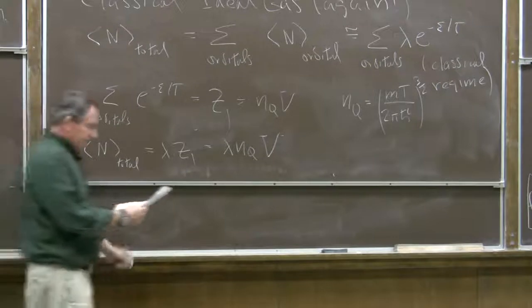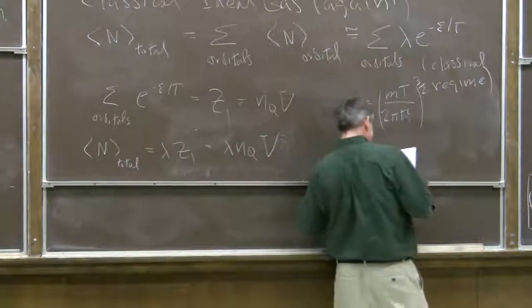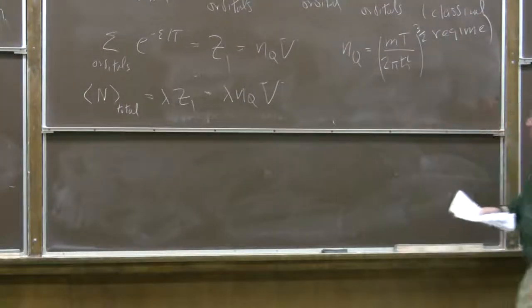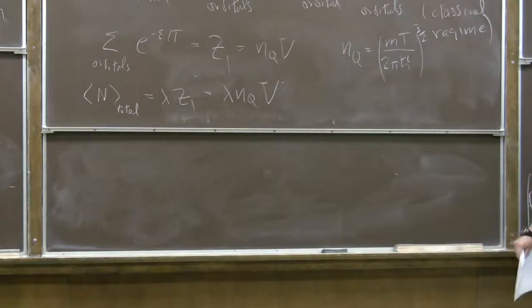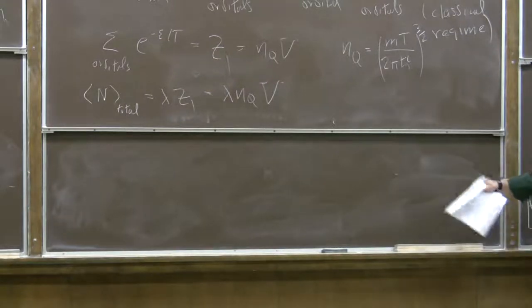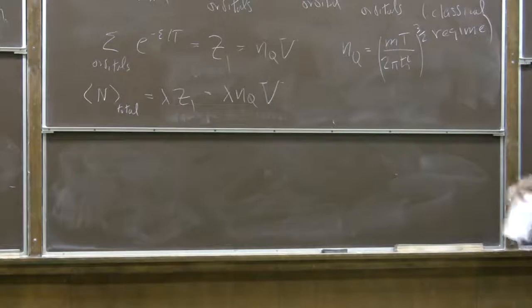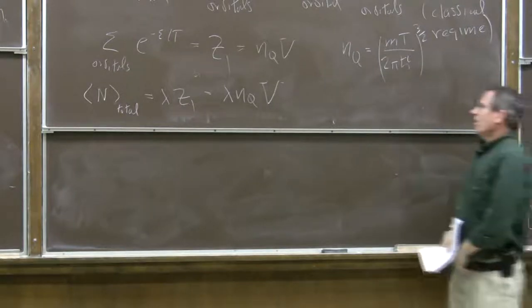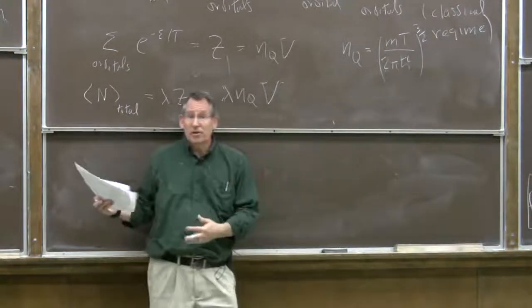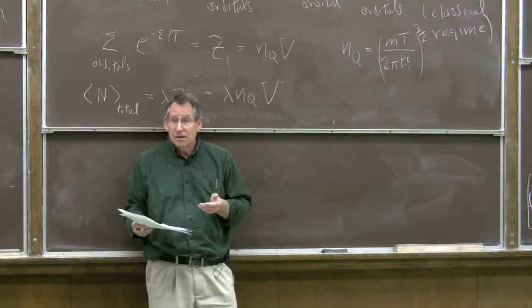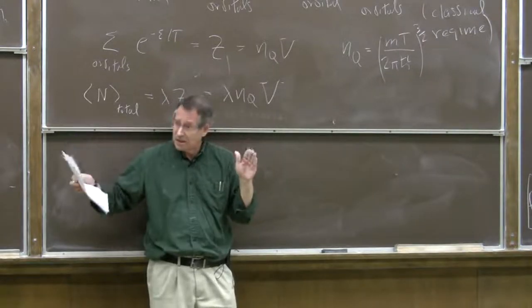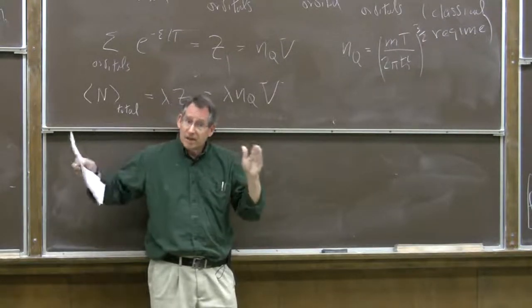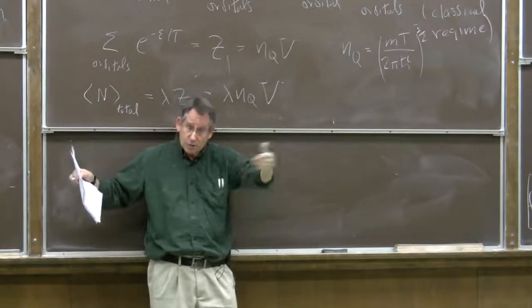And of course, if you want, we can regard that as an equation for lambda. Now remember, now we're talking about a big box, lots of orbitals. So fluctuations around the mean value, although they do occur, because since we fix the chemical potential, we're imagining that our system is in contact with the reservoir, diffusive contact.